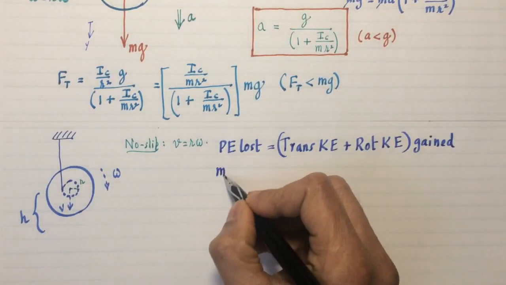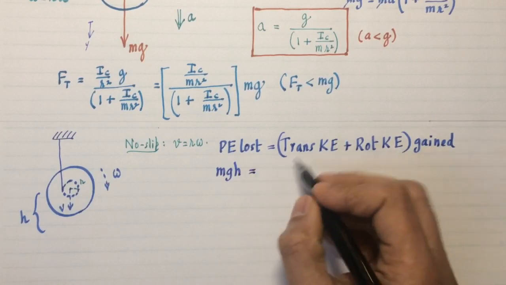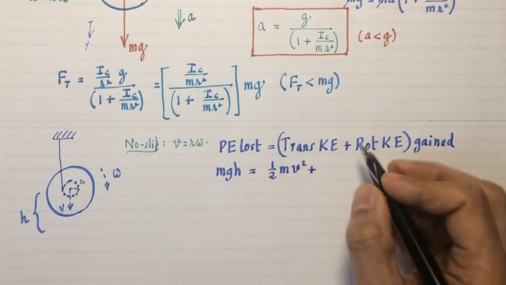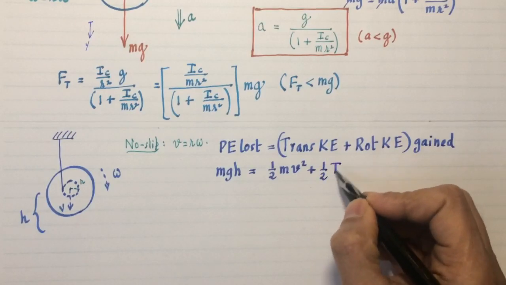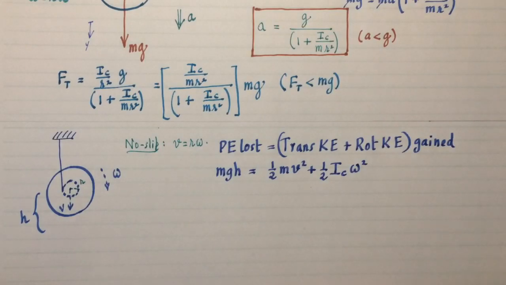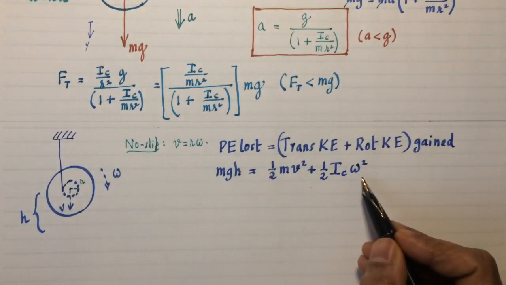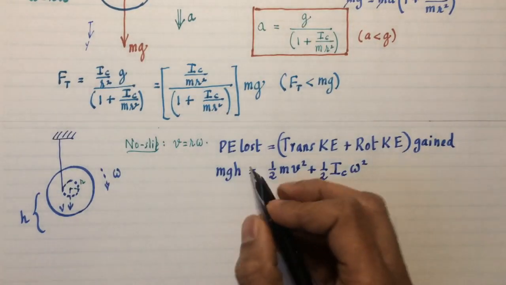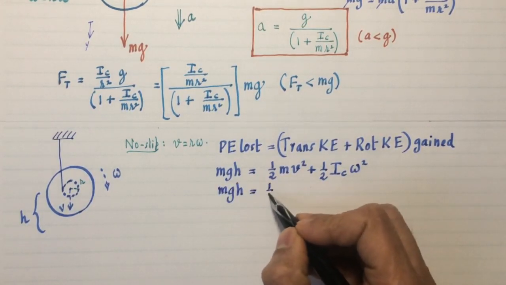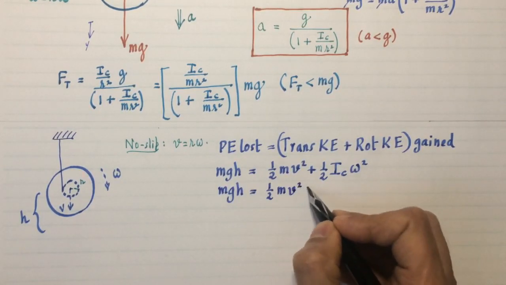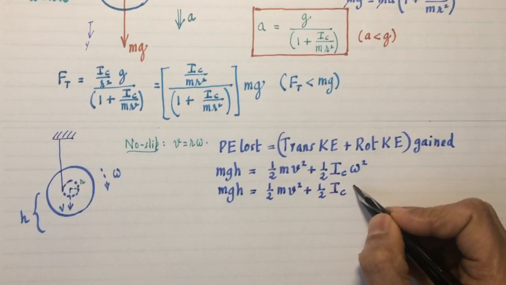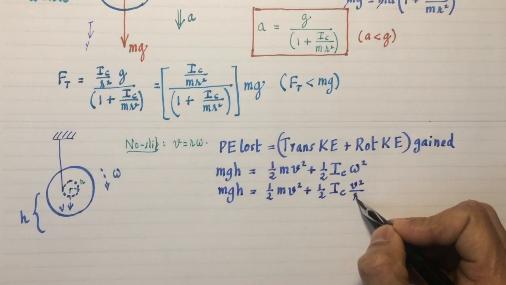The potential energy lost is mgh, and the translational kinetic energy is 1/2 mv squared. The rotational kinetic energy is 1/2 I omega squared. And here I'm going to use the no-slip condition to get rid of omega squared. So let me write the next step: mgh equals 1/2 mv squared plus 1/2 I sub c v squared over r squared.